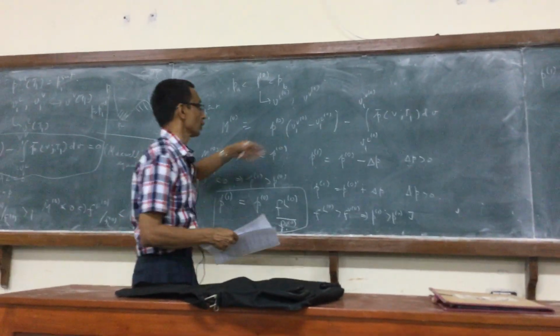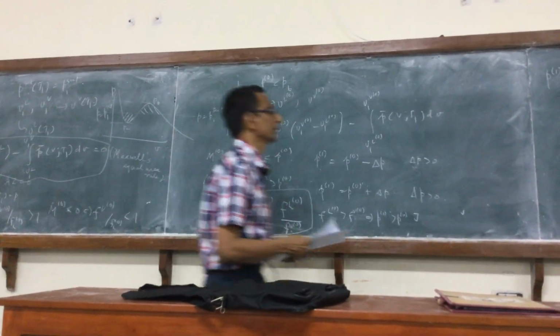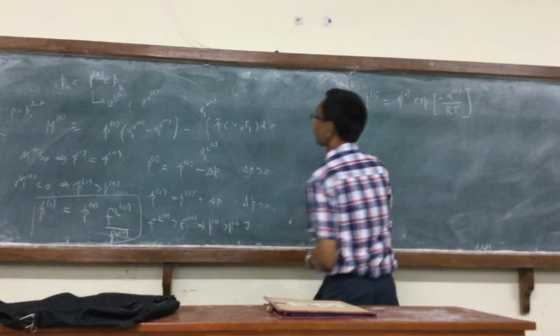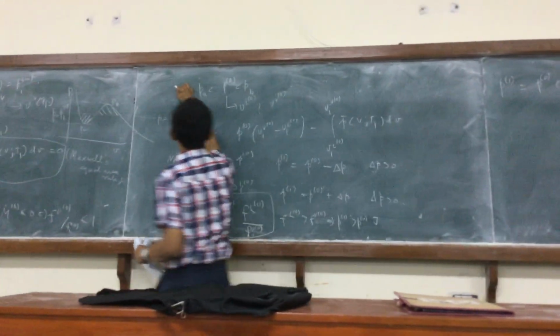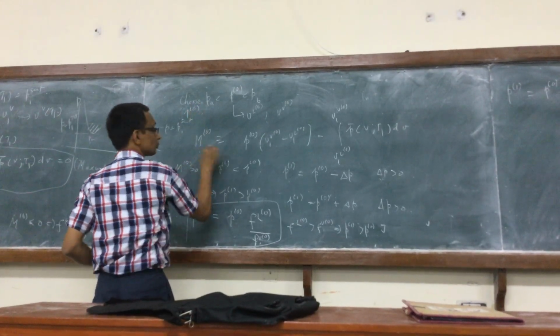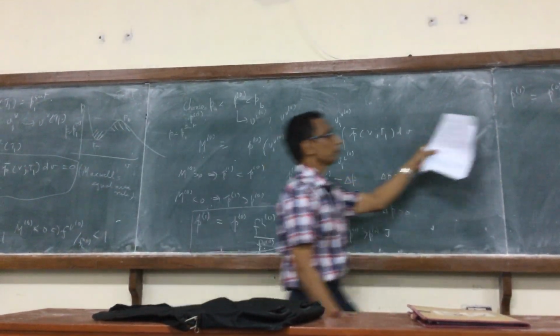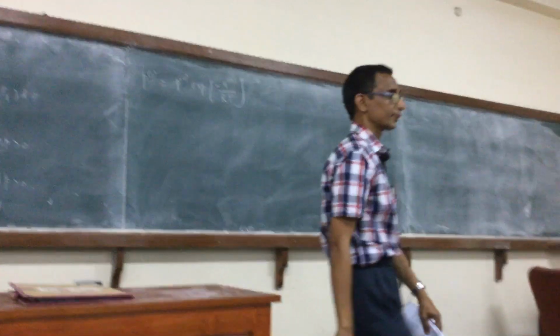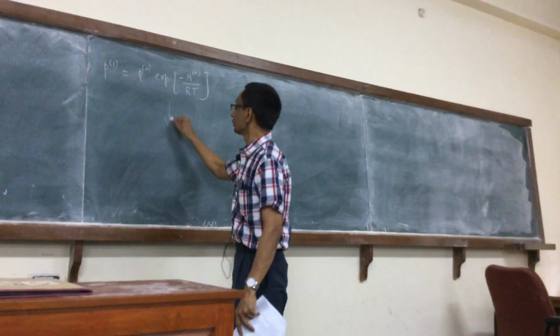So now I'll complete the algorithm. The algorithm would be that first choose P naught, calculate M naught, then P1 is chosen like this, and then simply proceed.